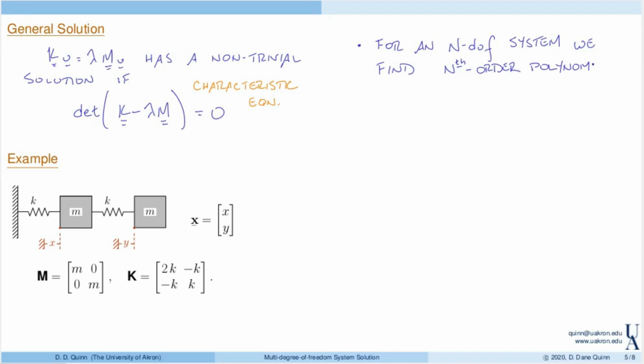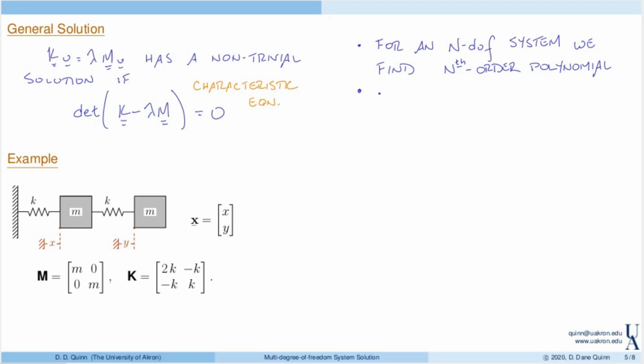So a 2-degree of freedom system, which is what we'll primarily focus on, leads to a second order polynomial, or just a quadratic equation, which of course we know how to solve. Higher order problems, right? So a 3, 4, 5 degree of freedom system would lead to polynomials that were 3rd, 4th, and 5th order. So those are at best difficult to solve, and typically we would solve those numerically.